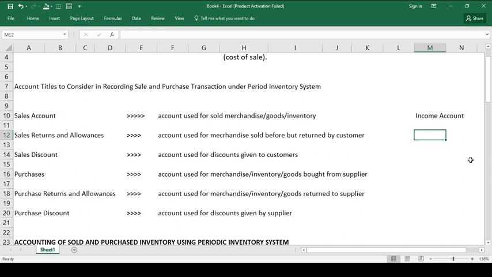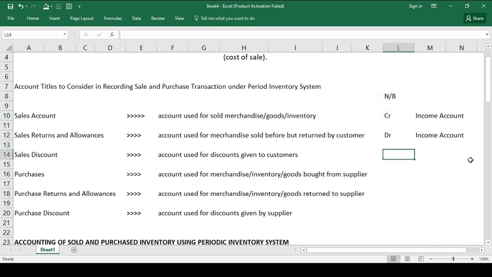Sales returns and allowances is an income account. However, because this is a contra income account, ibig sabihin it contradicts the regular income account, which is the sales account, the normal balance of this account is debit. Take note, the normal balance of this account is debit, while the sales account is credit.